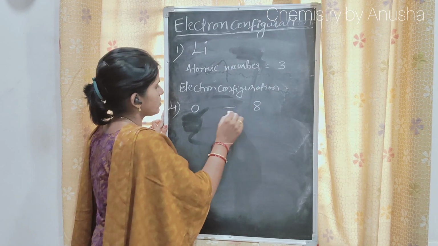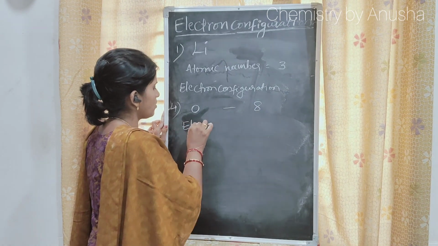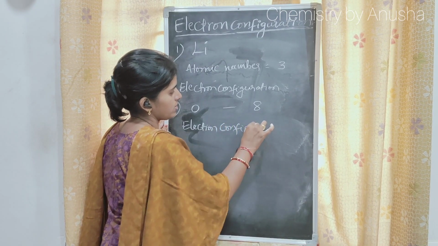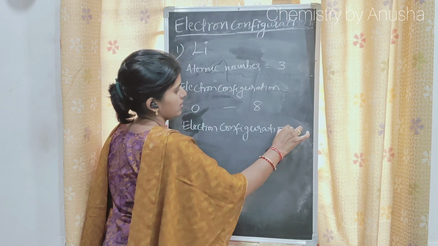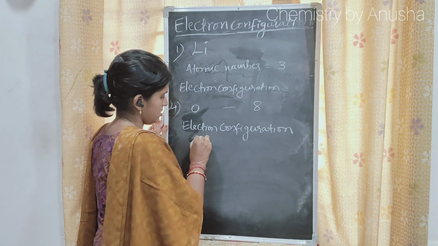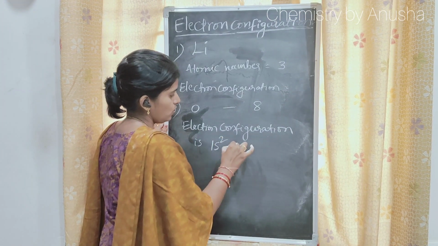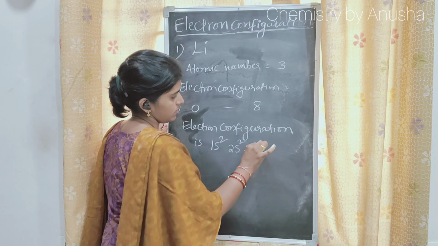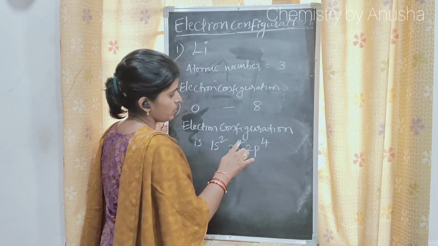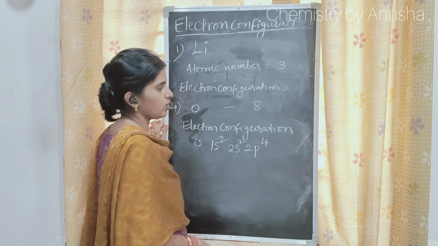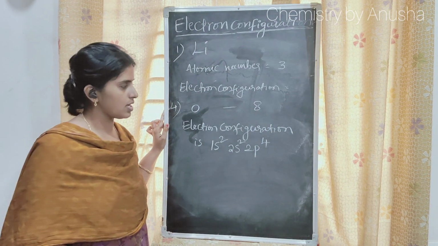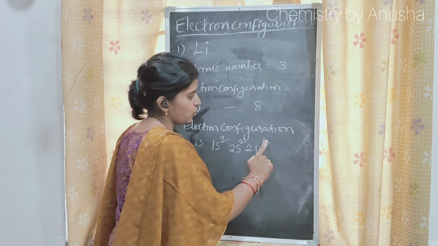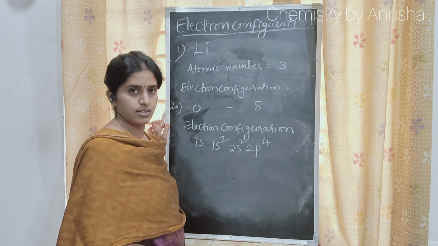So the electron configuration is 1s2, 2s2, 2p4. 2 plus 2, 4, 4 plus 4, 8, total 8 electrons. Outermost configuration 2 plus 4, 6, so it is a sixth group element.